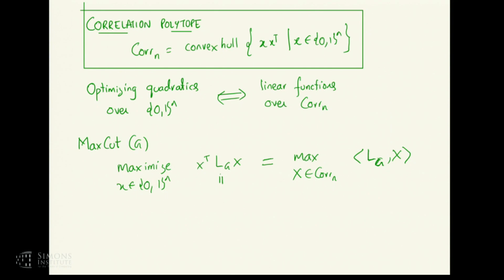So there are a lot of NP-hard combinatorial optimization problems that can be solved if you could express the correlation polytope compactly. And so it's a very useful, important polytope to study.